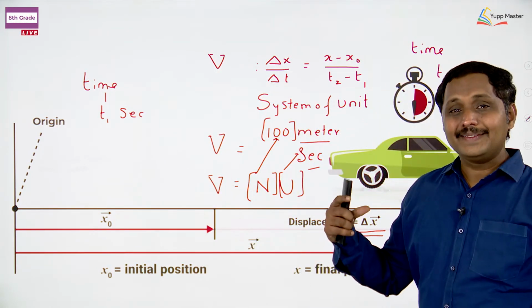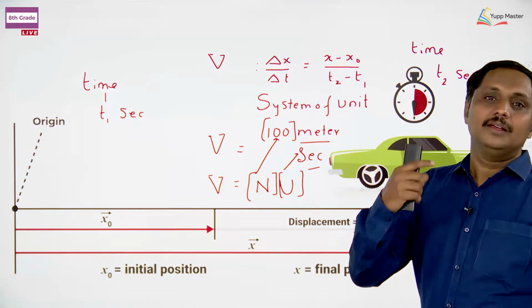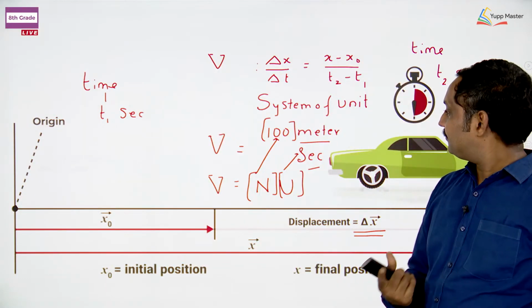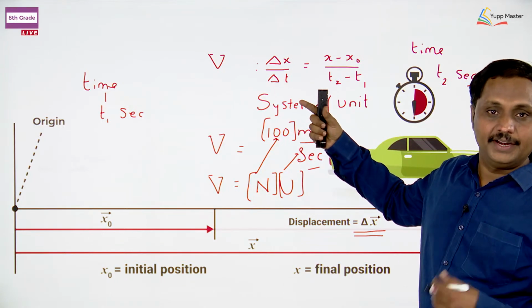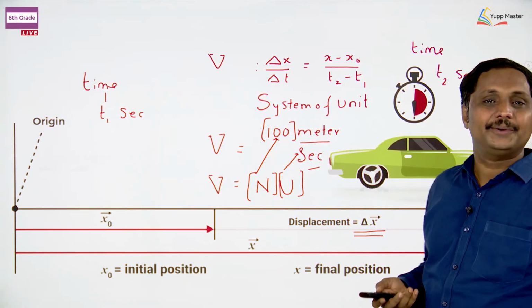Now the measurement involves various steps. That is, you approach one step, after that another step, finally you conclude the matter. That is very clear. Now let's go for another case.